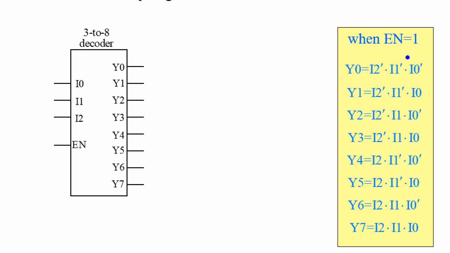So your output is now a minterm, right? And you know that any function can be written in the form of a sum of minterms, or canonical sum.